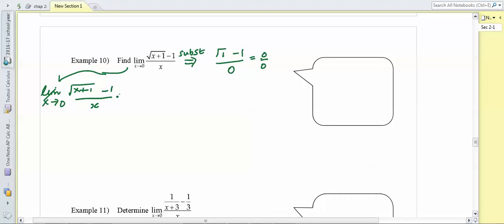And what we choose to multiply numerator and denominator by is something called the radical conjugate. So let me write that down. Multiply numerator and denominator, hope you can read this, by the conjugate.